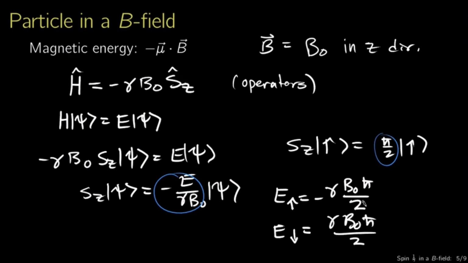Our stationary states, therefore, are just going to be our spin up and our spin down states, the same sort of states that we've been working with over the past couple of lectures. The energies associated with these states are now different, since we are allowing them to interact with a magnetic field.